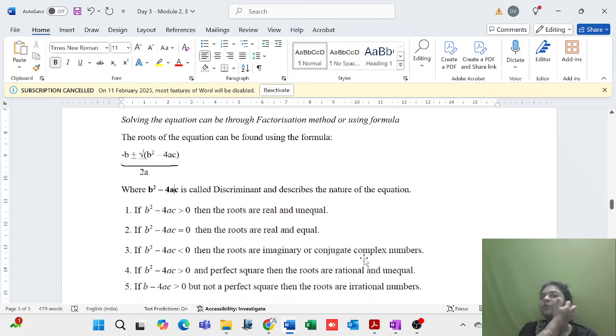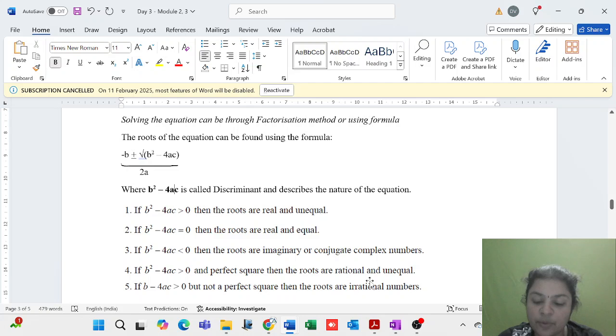Imaginary means the root is practically not possible. It is a theoretical or imaginary root. If it is greater than 0 and it is a perfect square, for example, if b square minus 4ac is exactly equal to 25, which means it is a perfect square, then the square root gives you an exact value, which means the roots are real and rational.